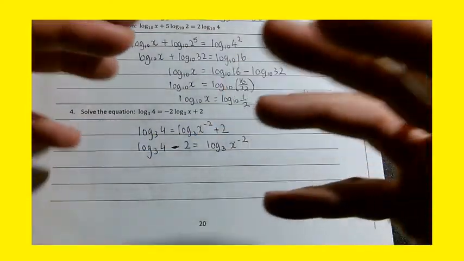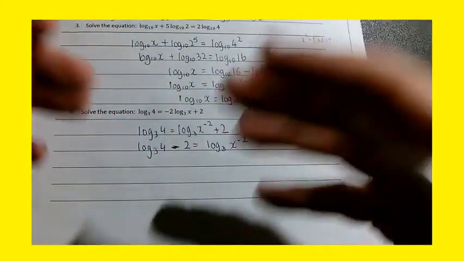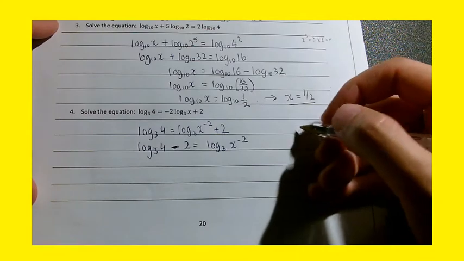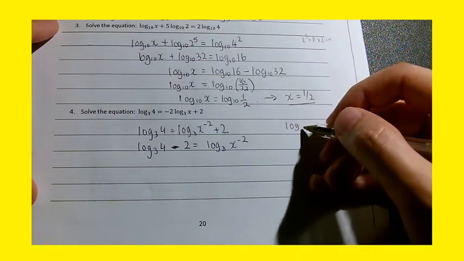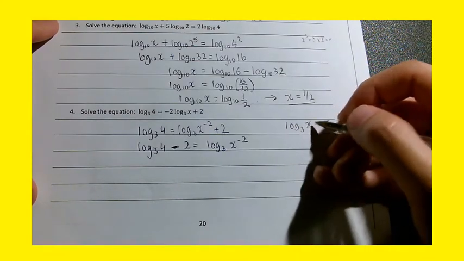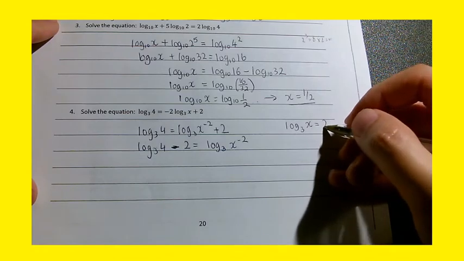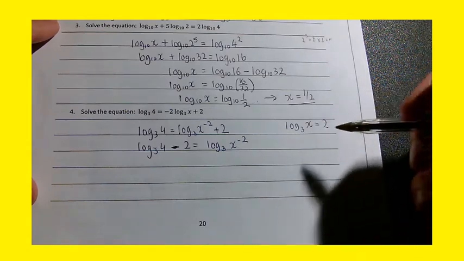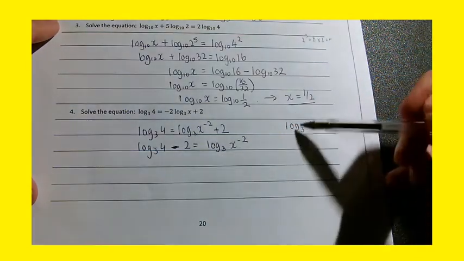Until I get every single log with the same base, I can't really manipulate any further. Okay, so let's just have a think about this. Log base 3 of a number x equals 2. Okay, what would that number be? Log base 3 of a number x equals 2, because I want to replace 2 with that expression.